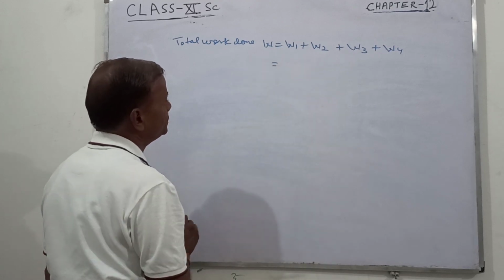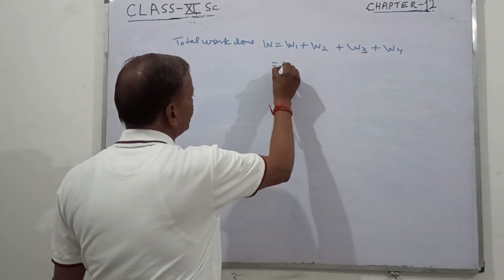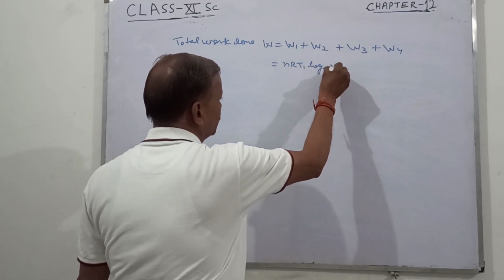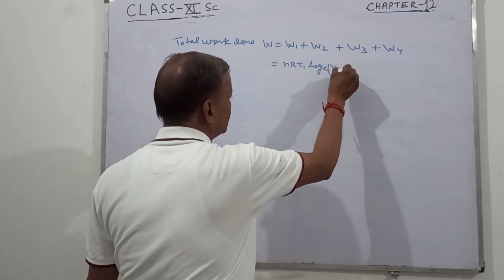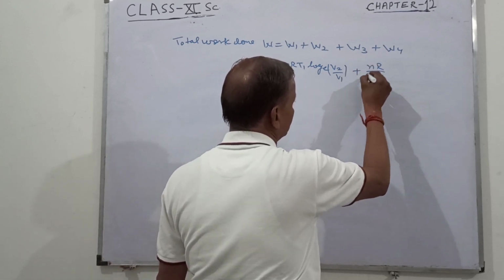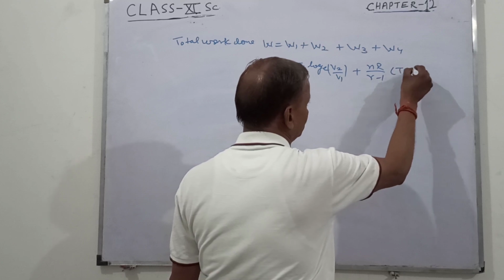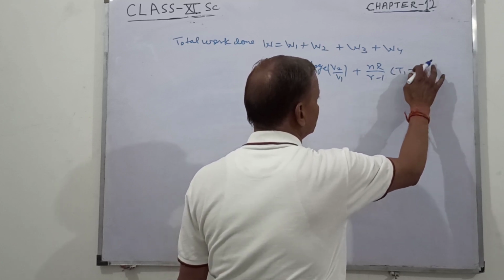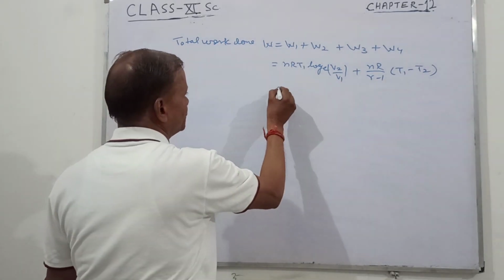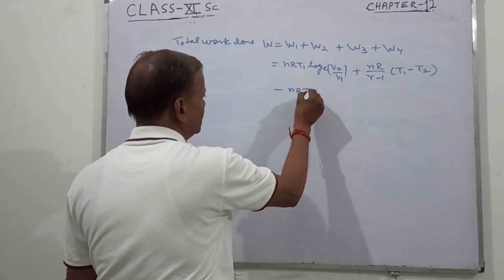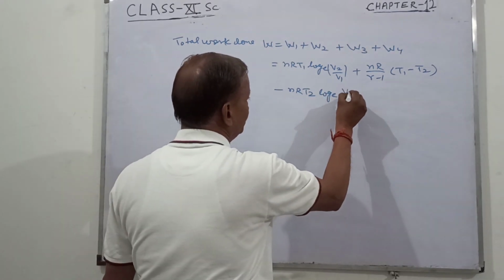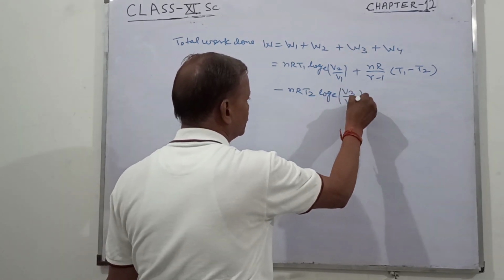So W1 is isothermal, nRT1 log e V2 upon V1. This is adiabatic, so nR upon gamma minus 1 into T1 minus T2, and this is minus nRT2 log e V3 upon V4.